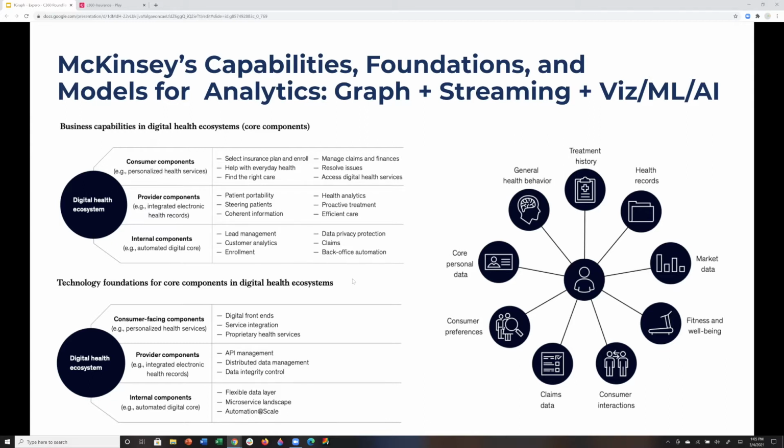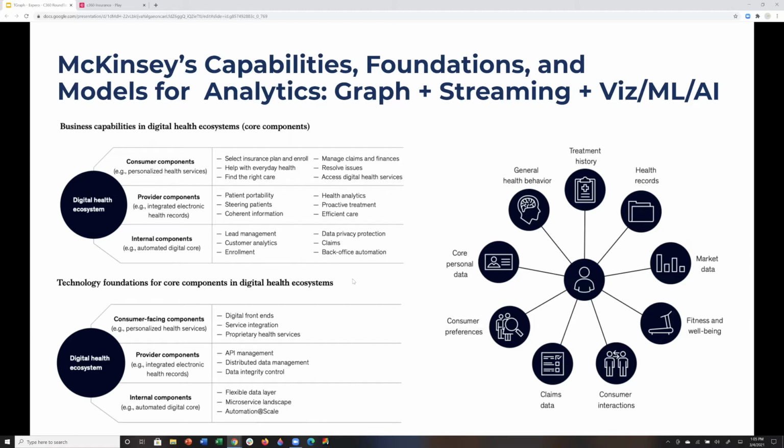We have lots of analytics and data privacy considerations, and then all the back office automation that we can make happen around claims and other entry points is also powerful. And then from a technology perspective, complementing those aspirational business values, we need to have the core components for a vibrant digital health ecosystem.